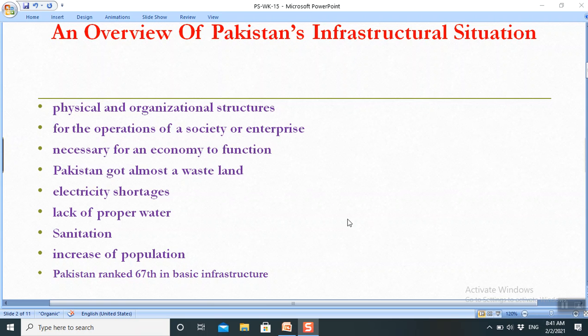Thereby, social and infrastructure development is the key.